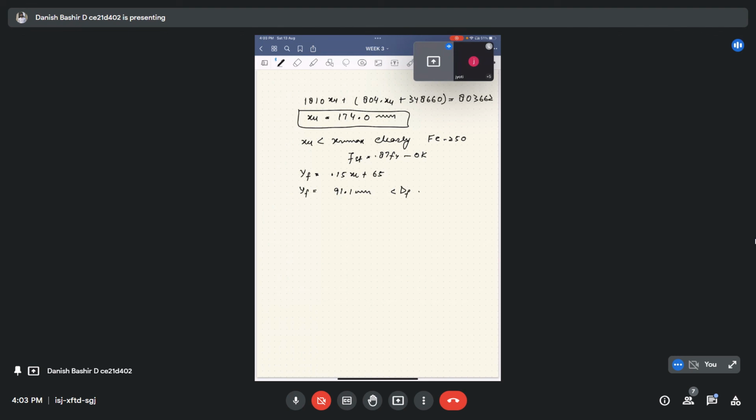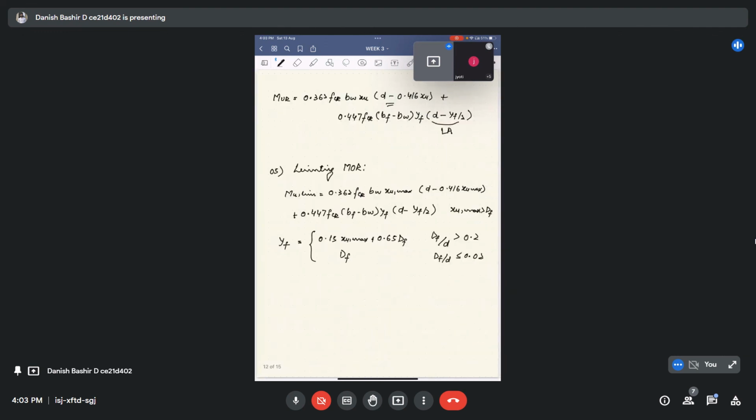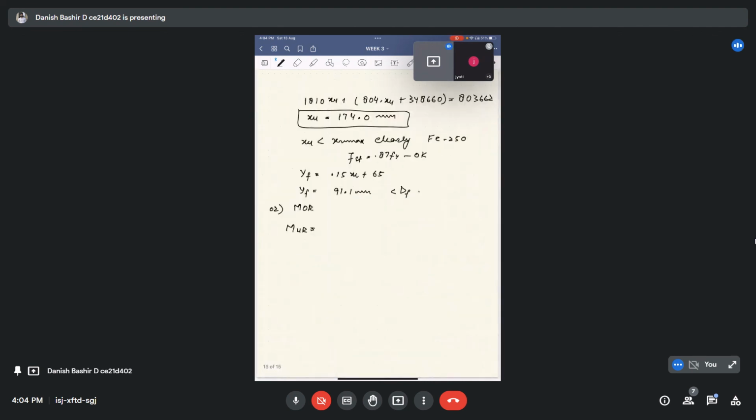Okay, the second thing we have to calculate is the moment of resistance MUR. I have given the formula for MUR here as MUR is 0.362 FCK BW XU times the lever arm D minus 0.416 XU, plus 0.447 FCK times BF minus BW times YF times the lever arm D minus YF by 2. Substituting all the values here, 0.362, FCK is 20.